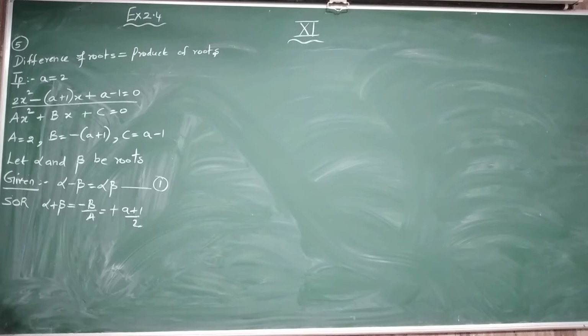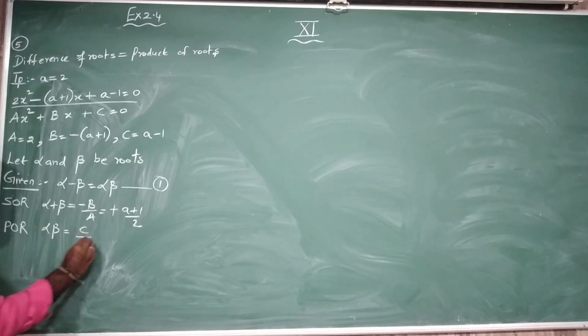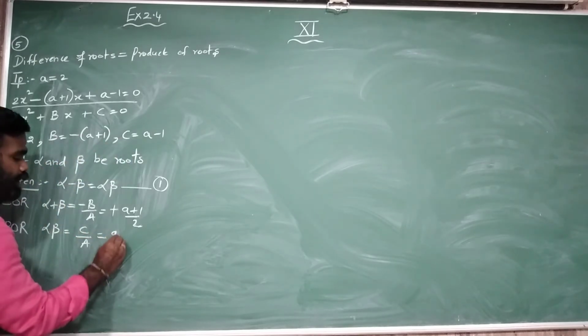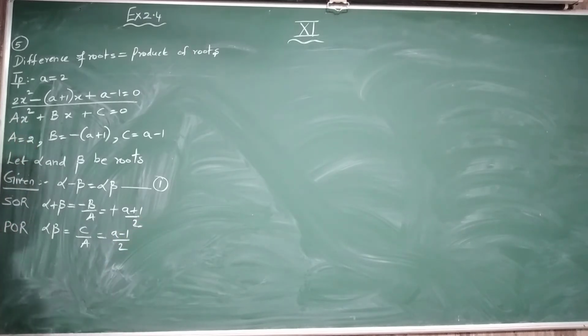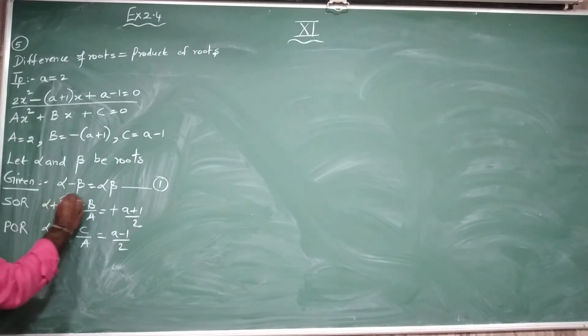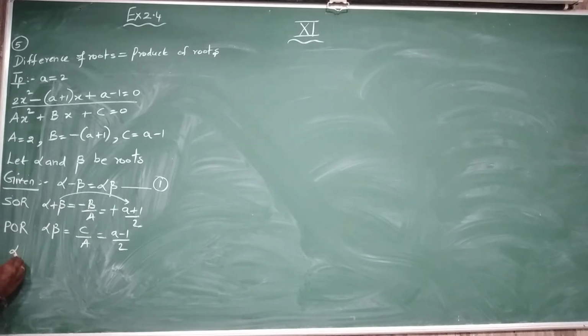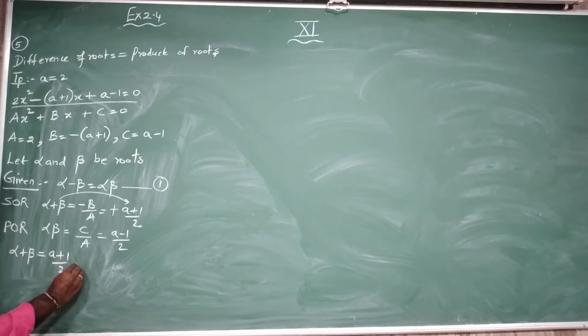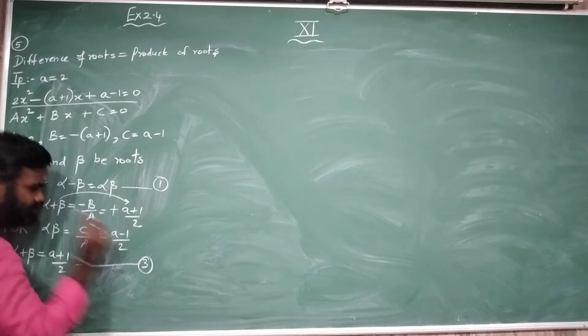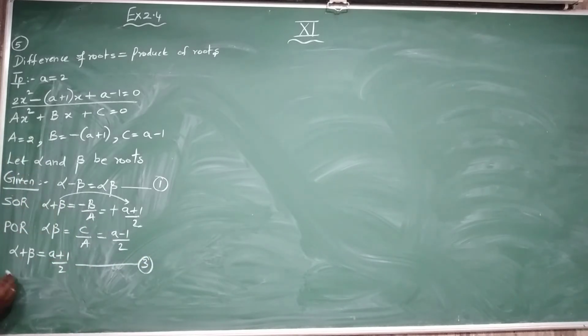After writing (a + 1) by 2, next I need to move towards the product of the roots, alpha beta. Alpha beta is equal to C by A. The capital C is equal to a − 1, and A is 2. So alpha plus beta is equal to (a + 1) by 2. Keep it as equation 2. Next, alpha beta is equal to (a − 1) by 2.